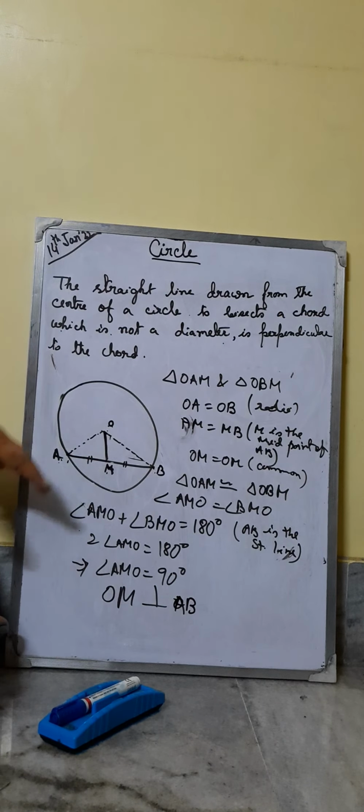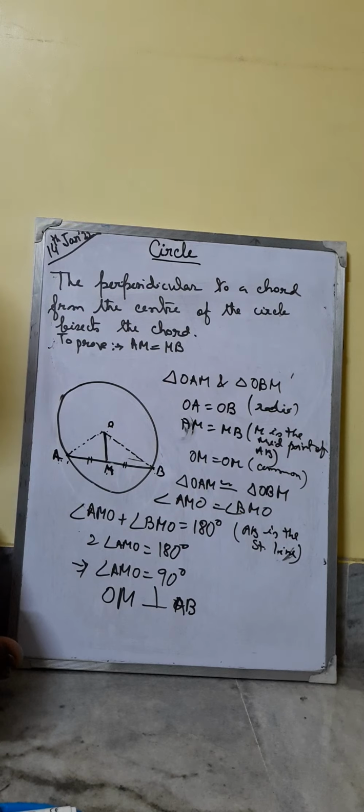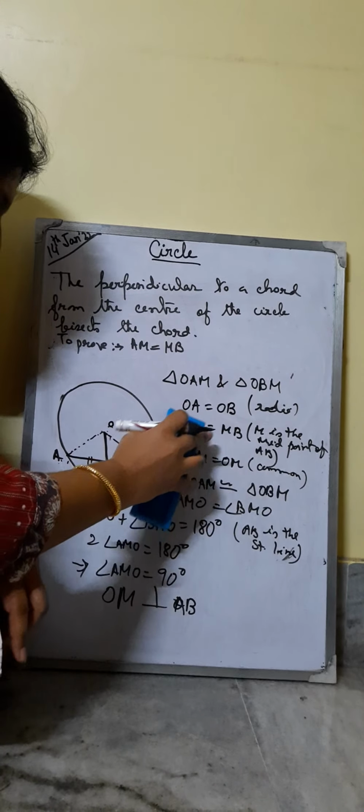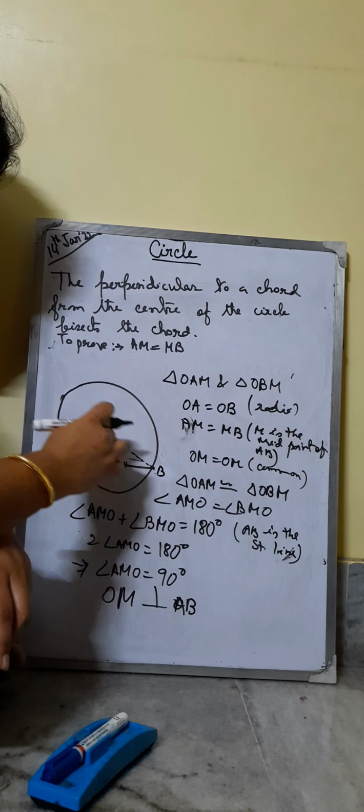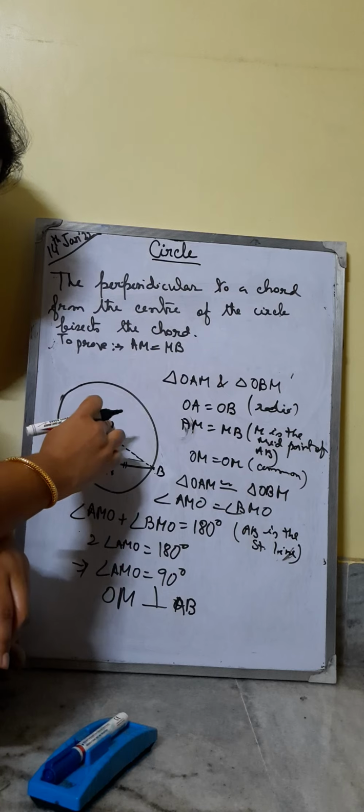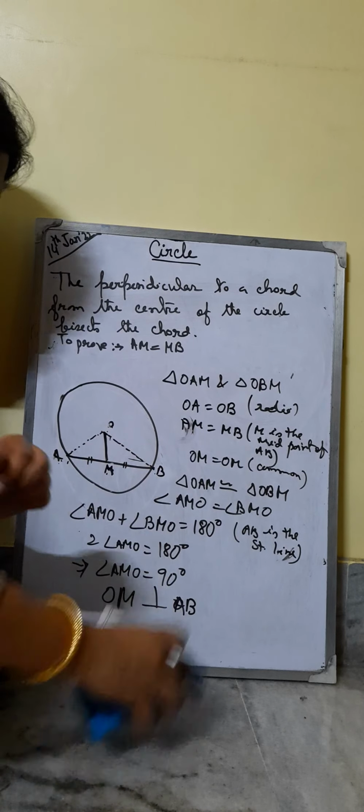So that means to prove what? AM equals MB. So take this triangle. OA equals OB because both are radius. Now here it is already said that OM is the perpendicular on AB. That means OMA and OMB both are 90 degrees.